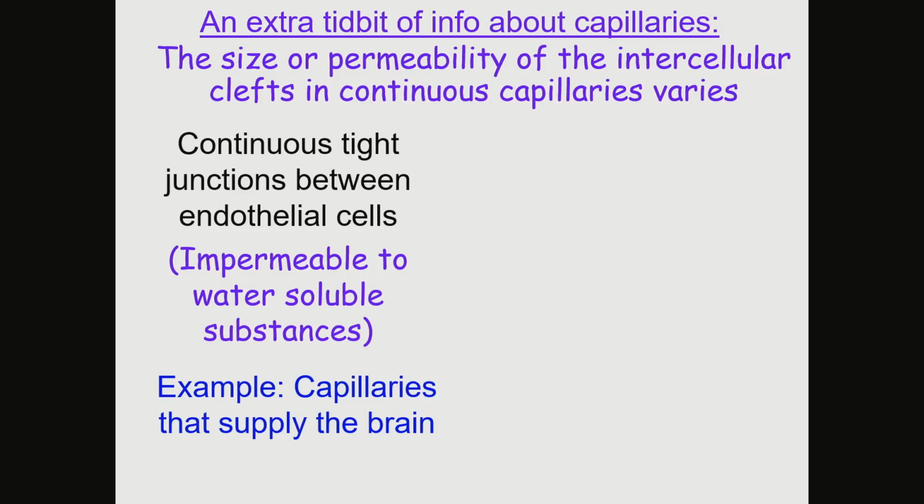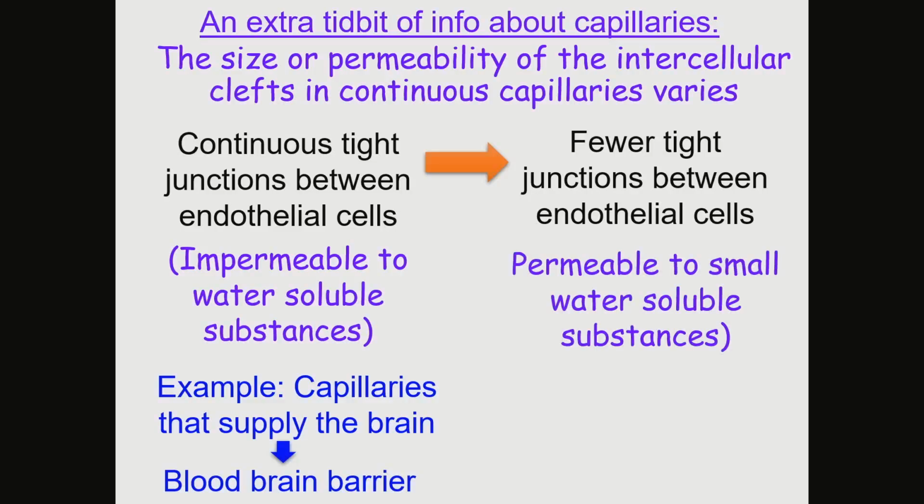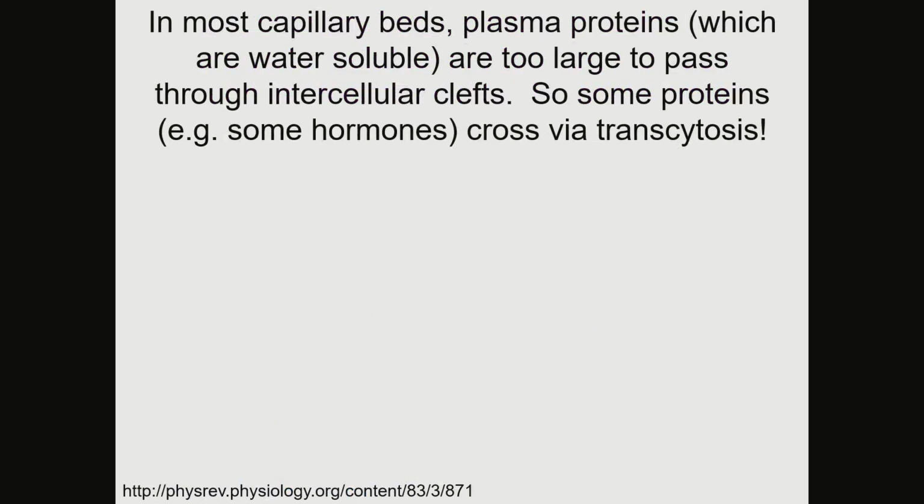An example is the capillaries that supply our brain, which give us our blood-brain barrier. That's the really tight end, all the way to relatively loose tight junctions, where water-soluble stuff can cross.